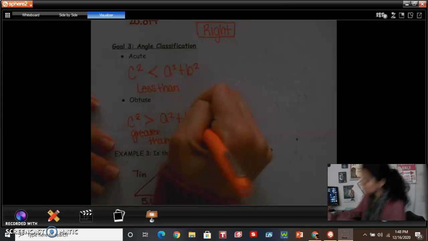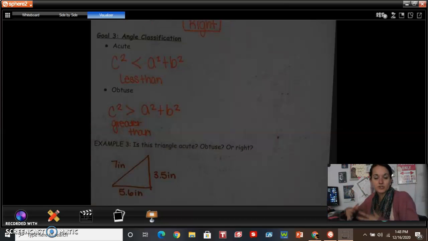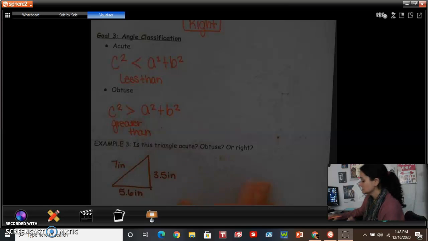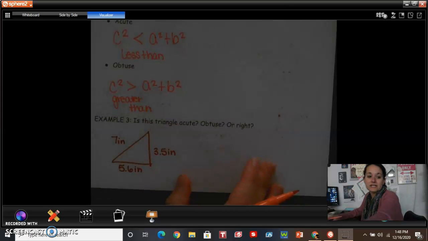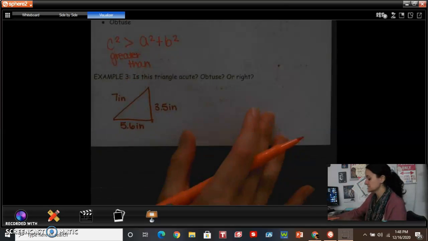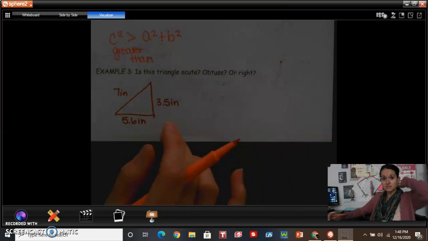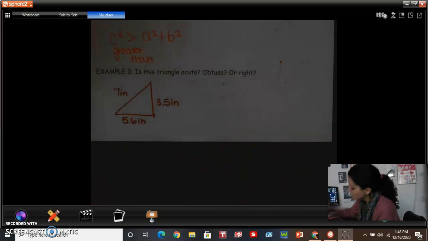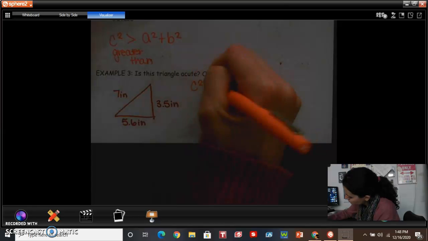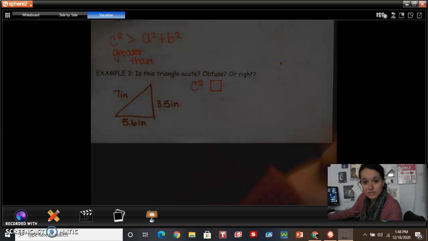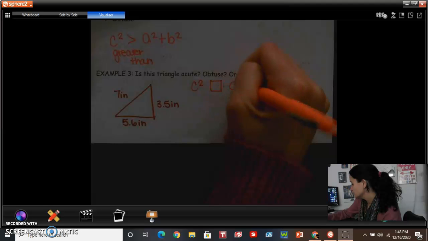While we're solving these, we don't know if we're going to have an equal, a less than, or a greater than symbol that goes in, so we leave it blank. Let's do an example of that, and that'll be your last example for this note video. Example 3, you'll have problems like this on your homework. So we're going to say C squared, we don't know what goes there, A squared plus B squared.